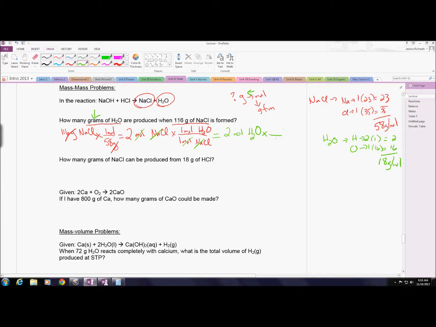So for every 1 mole, and this time I'm going to put the mole on the bottom, I have 18 grams of water. Moles are going to cancel, and 2 times 18 is 36 grams of water, and that's my final answer. So really, it's not any harder.